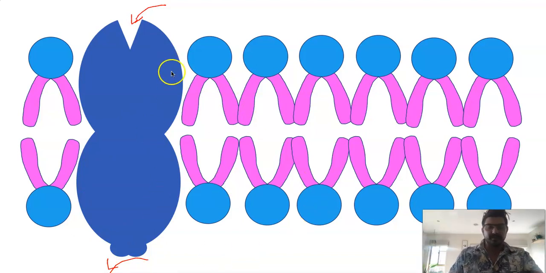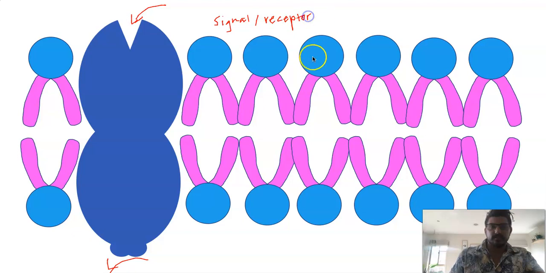And there are vice versa. There's also hitting the signal at the inside of the cell and releasing a molecule to the external environment. So these are your signal receptor role proteins.